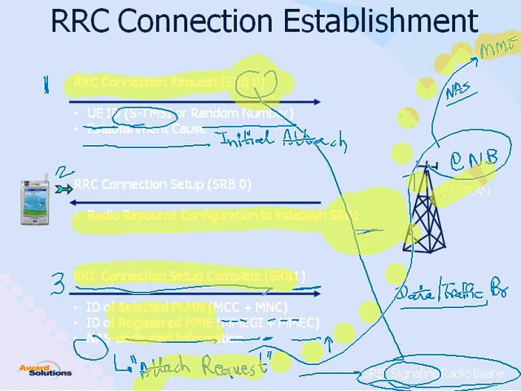So basically we are trying to establish an RRC connection. If you look at this message, the RRC connection setup complete message, it is an RRC message, but we have this field called NAS information. Inside that NAS field, we can put in a message such as attach request. This is a NAS message. But I did not find a similar NAS field for RRC connection reconfiguration. That's why I had to use the uplink information transfer.